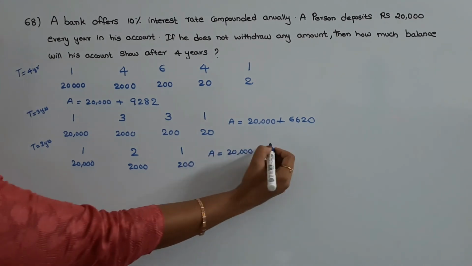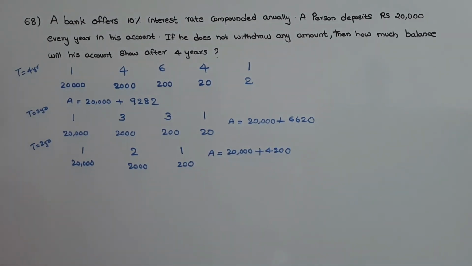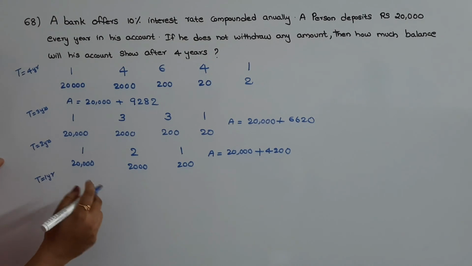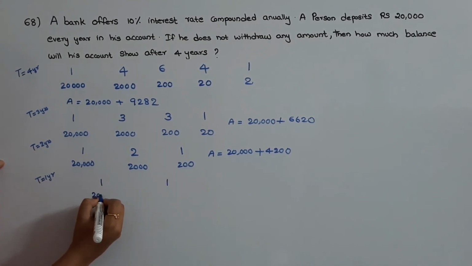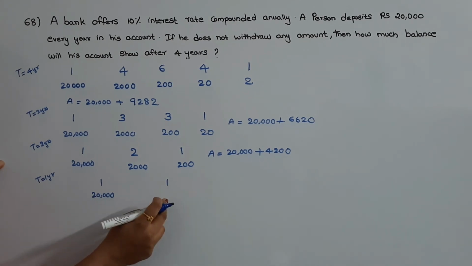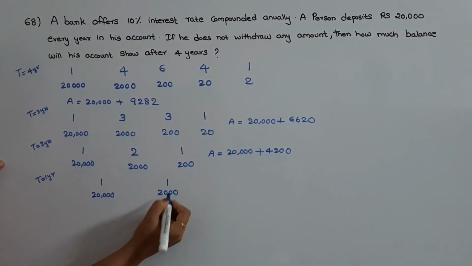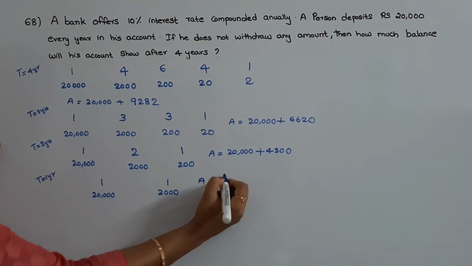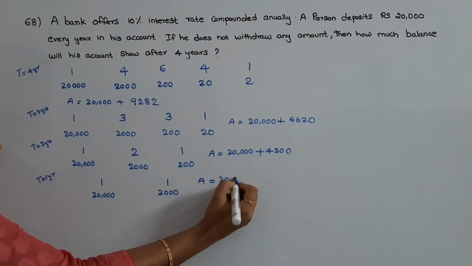That will be equal to 4,200. Then we need to find out the amount for the time period 1 year. So for 1 year we need to write 1, 1. So below this one write the principal, that is 20,000. So below this is 20,000 into 10 by 100, that is 2,000. So amount will be equal to 1 into 20,000 plus 2,000.